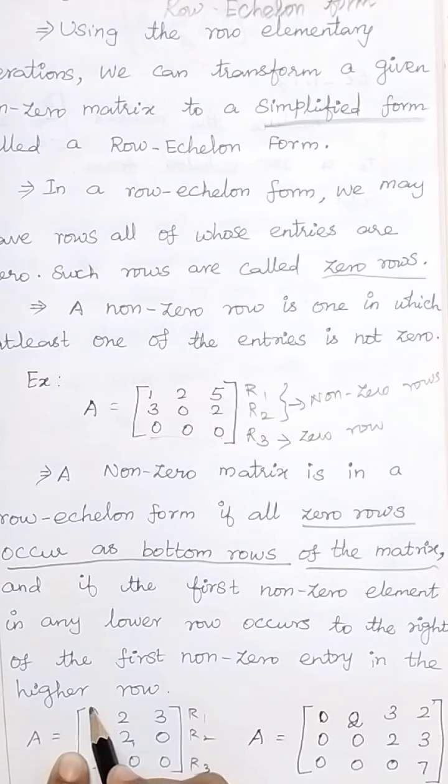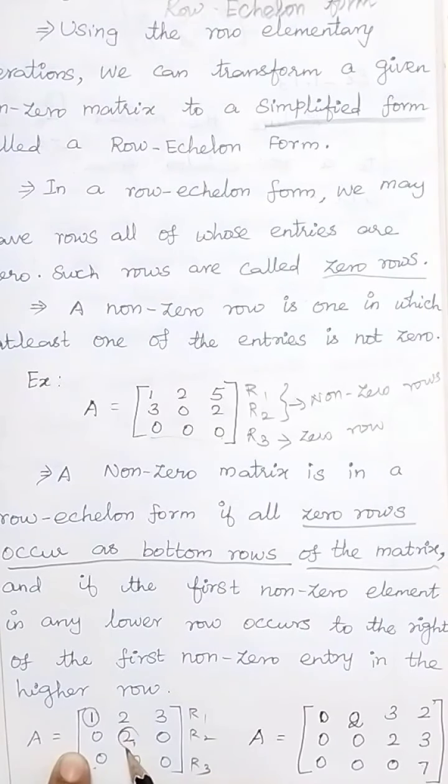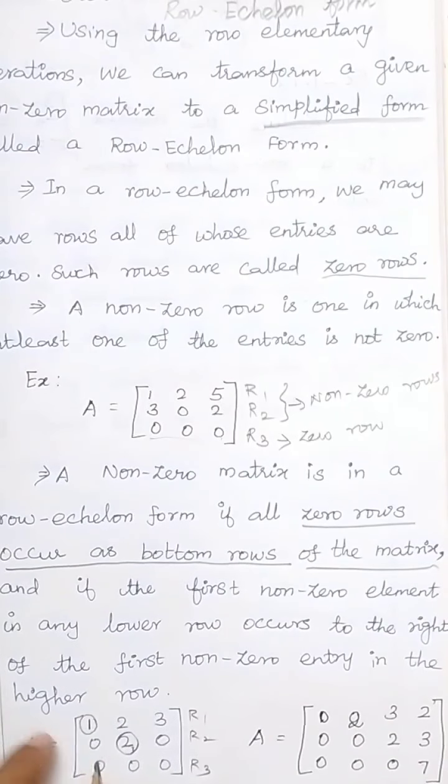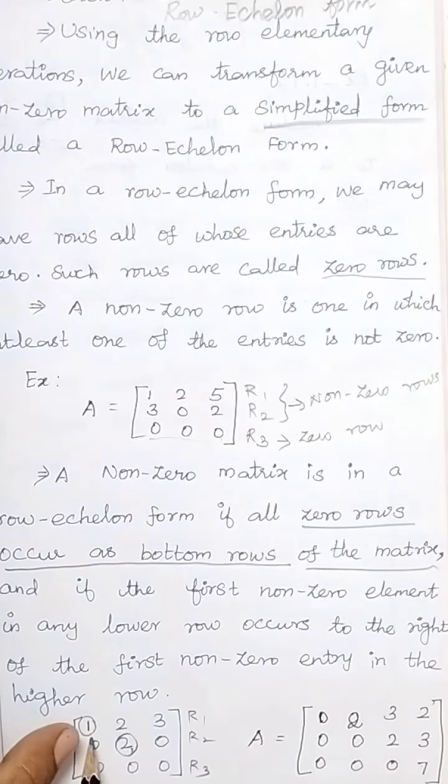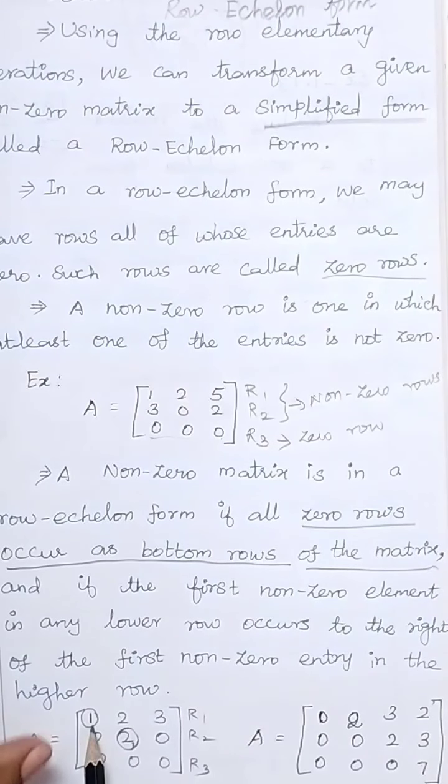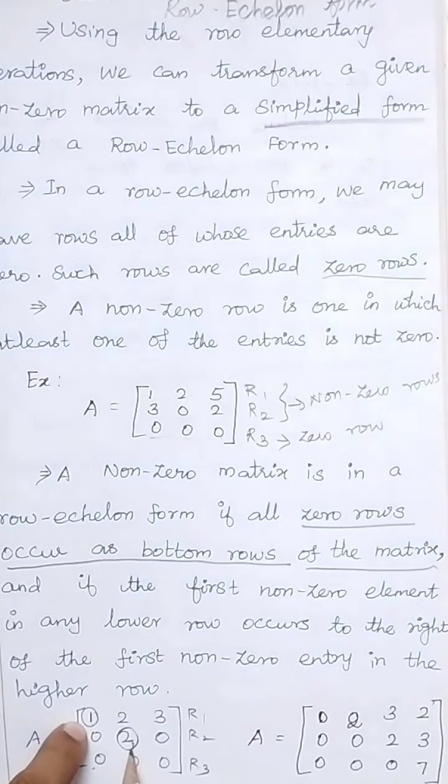Our first row, first column element is non-zero, and the second row, second column entry is non-zero.